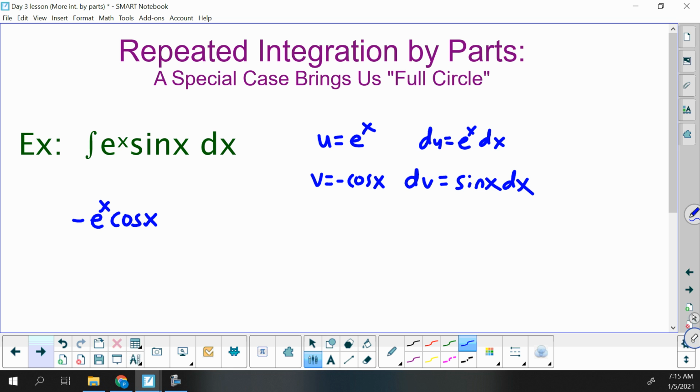And when we do minus, our v du will be minus cos x e to the x. Well, we can pull that minus out front, and it'll make it plus cos x times e to the x dx.